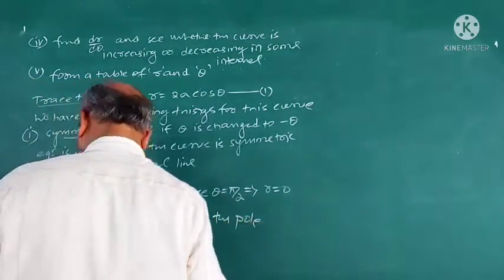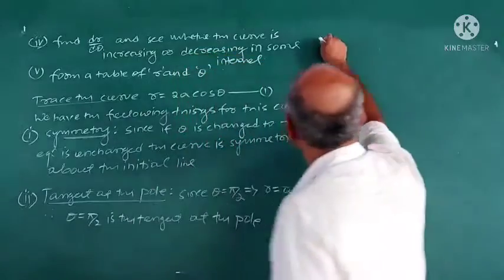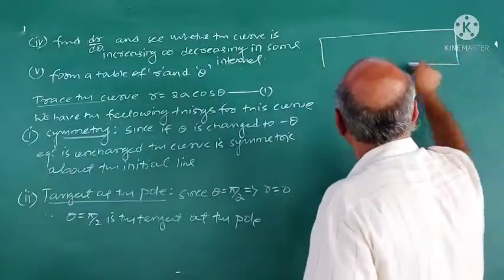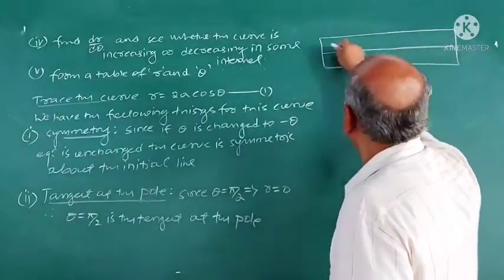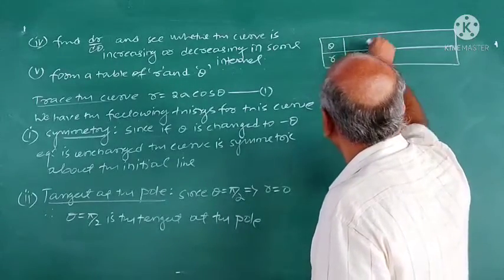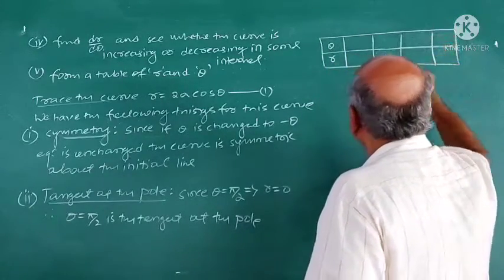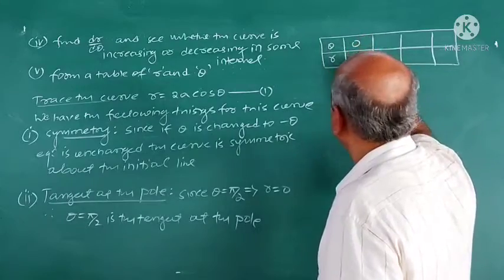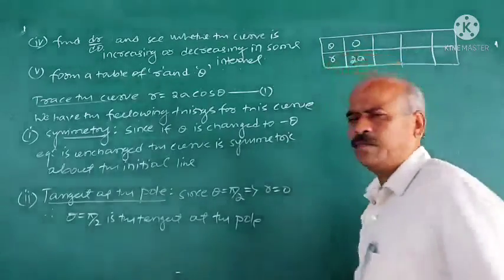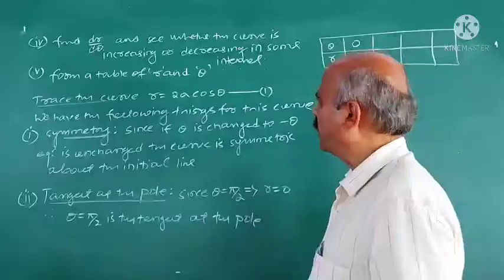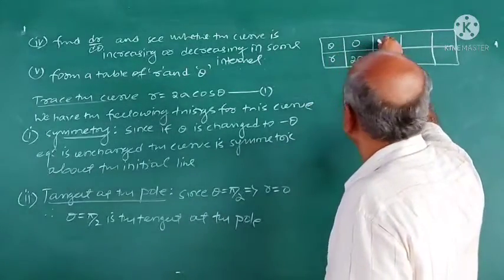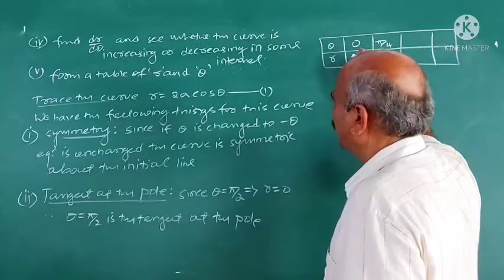Third one, we plot some points. We form the table corresponding to theta, and we find r. Suppose theta is 0, what is r? 2a, because cos 0 is 1. Theta is pi by 4, what is r?